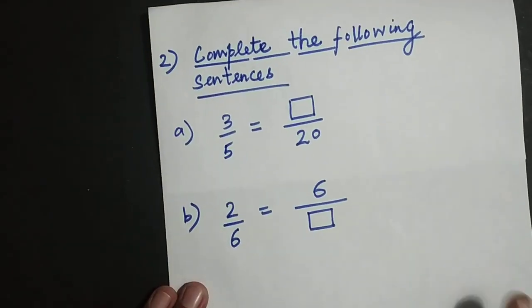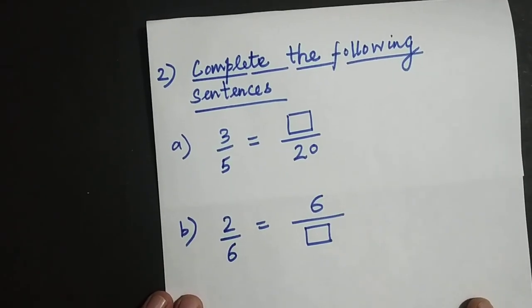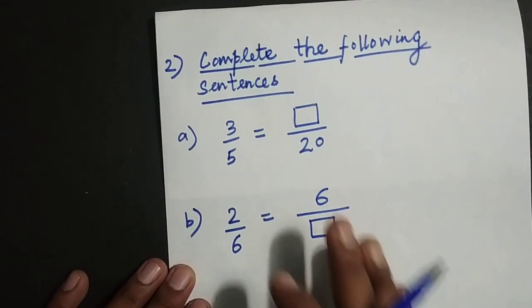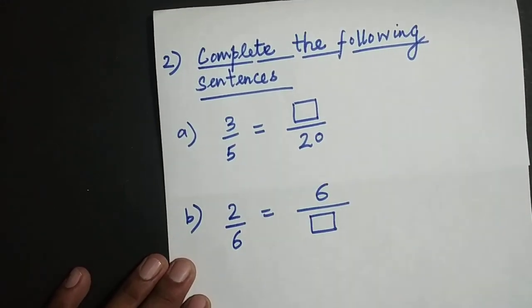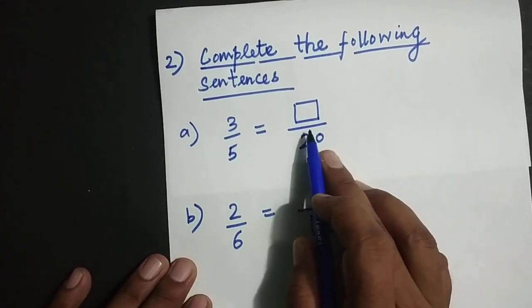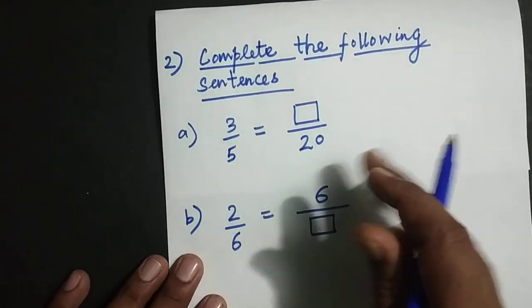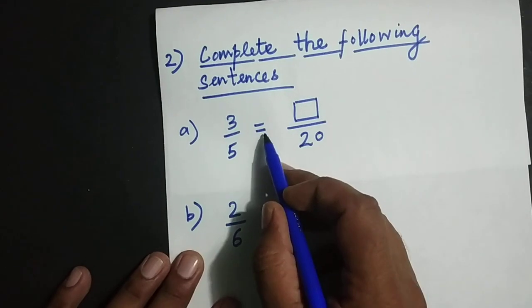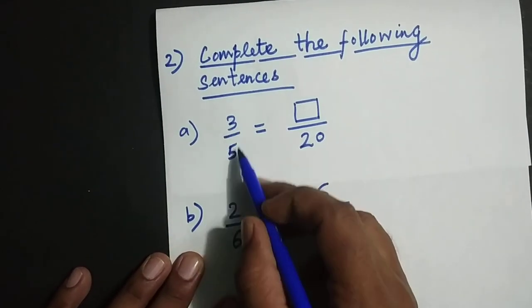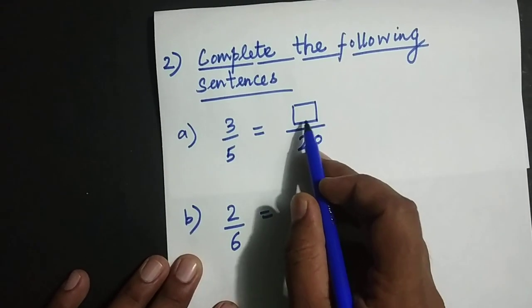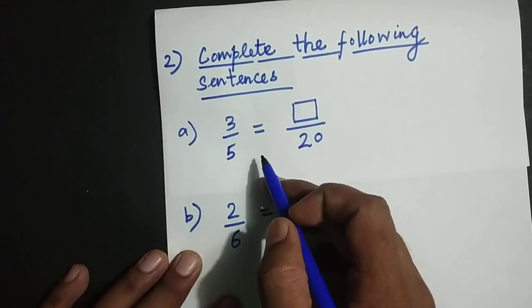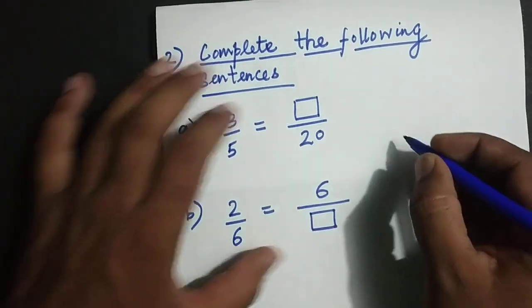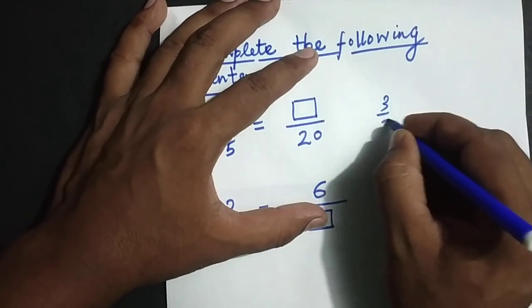This is question number 2. Complete the following sentence. Complete means you have to fill the appropriate digit in the given box. It is also a case of equivalent fractions. This is a sign of equal, means 3 by 5 is equal to dash upon 20. How will we get 20?